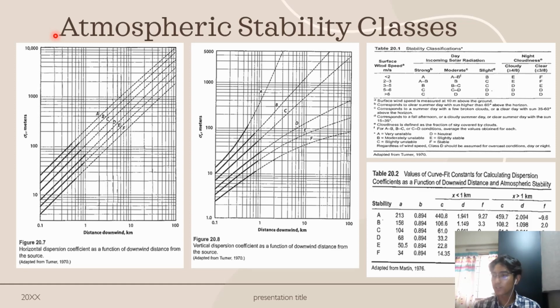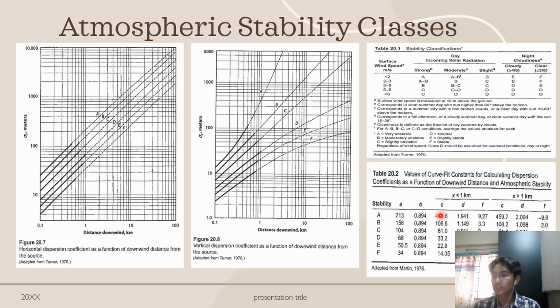Because the dispersion parameters sigma y and sigma z are strong functions of atmospheric stability, as well as downwind distance, it is important to discuss the estimation of these parameters. Figures 20.7 and 20.8 were developed by applications of theoretical principles to the analysis of actual dispersion data.